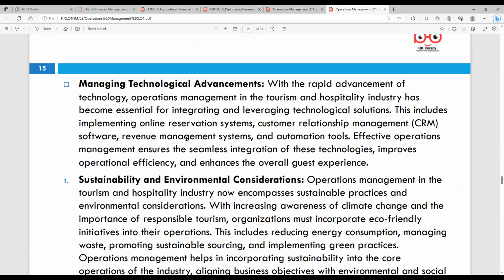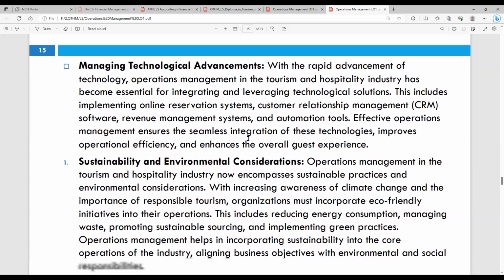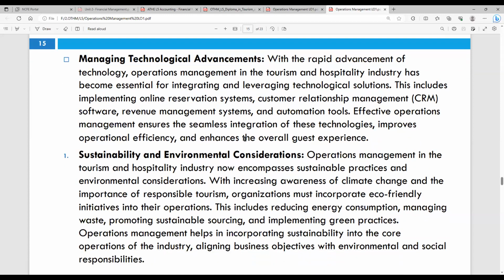We want to make sure that these technologies are fully utilized, the software and the hardware, the running of the computers, the tools and the systems, the booking systems for example, or contacting the airline, or contacting the room managers, and making sure the systems are developed so that all these materials and operations run efficiently, to make sure that the guests' experience is good. So this is why it's important in the tourism industry.